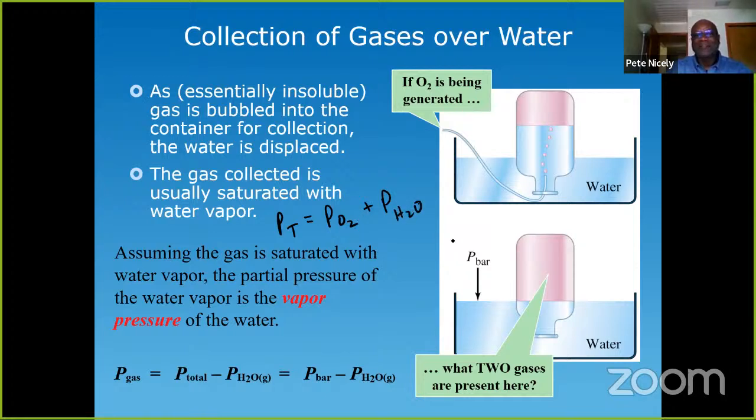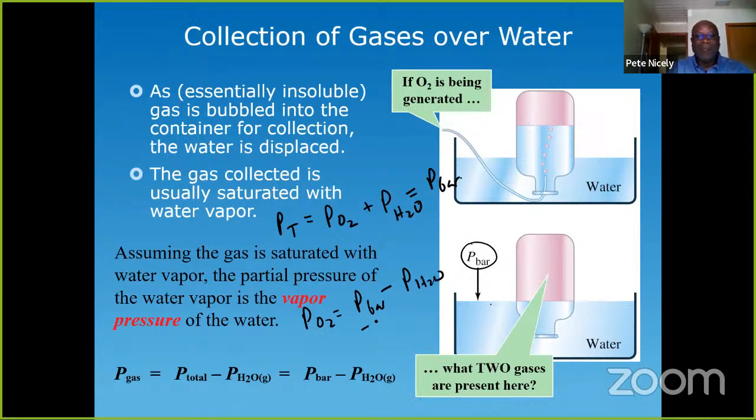And remember I said that if the liquid level inside and outside are the same, that means that the barometric pressure would be the same as the total pressure of the gaseous mixture. So we can equate this to the barometric pressure, which means that the pressure of the oxygen would be equal to the barometric pressure minus the water vapor pressure, all right?